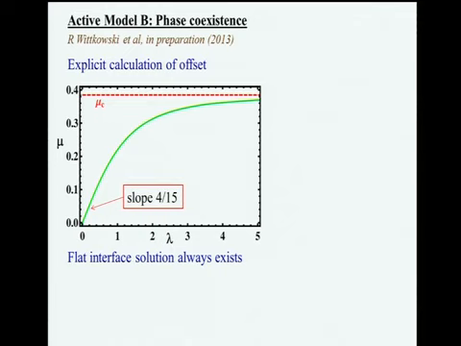So there always is an interfacial profile that exists connecting two densities, which isn't in itself obvious, actually. You could imagine that at high enough activity you would destroy a profile that connects two bulk phases, but you don't.